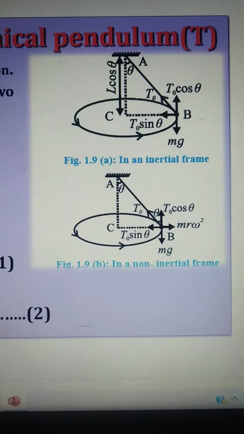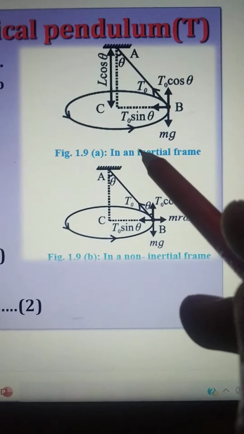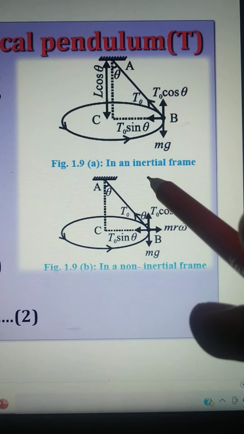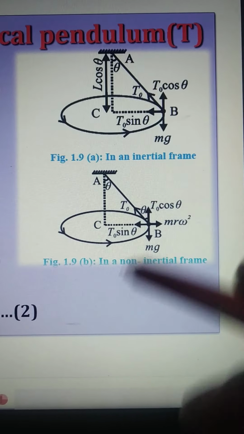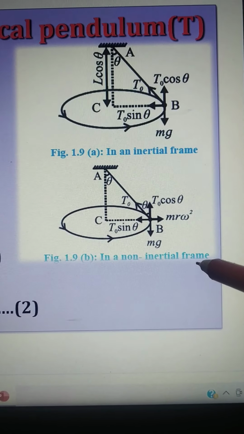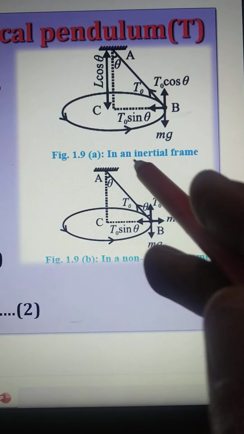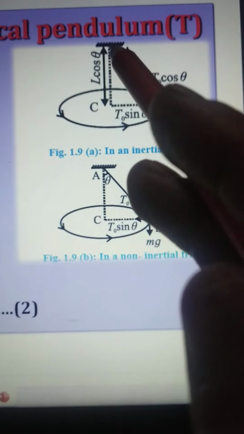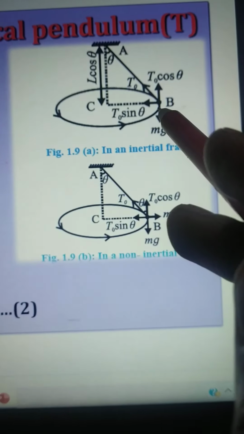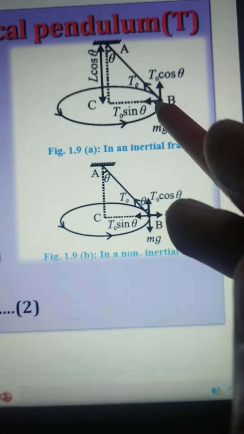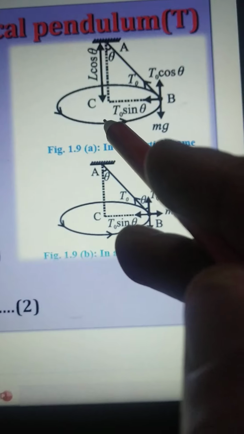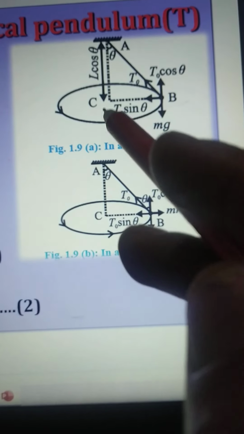So here we find the time period of the conical pendulum. Let us see this figure in an inertial frame and in a non-inertial frame. In the inertial frame, the bob is attached to this rigid support with the string.